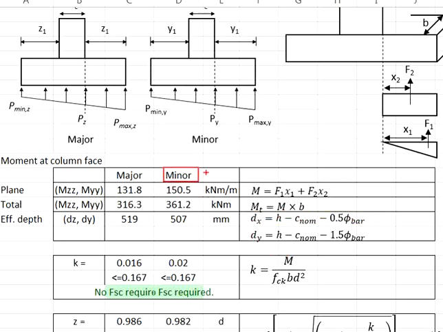And then for the minor axis, you will take the thickness of the pad footing minus the concrete cover minus the bar size of the main reinforcement, and then minus half of the bar size of the secondary reinforcement.